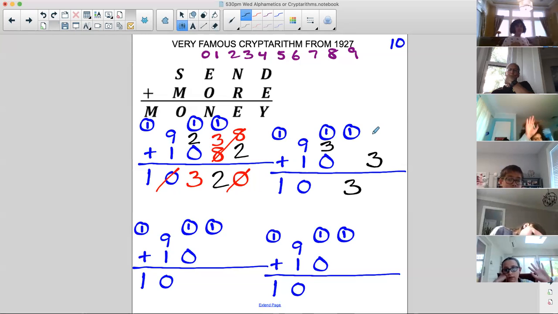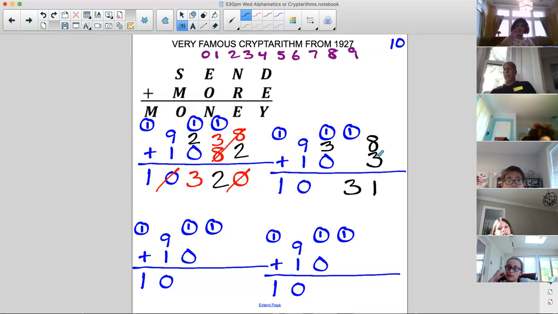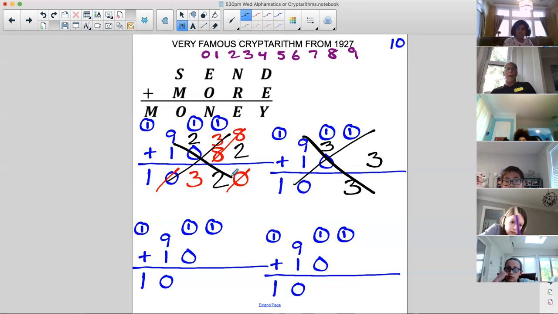D can't be 8 because 8 plus 3 is 11, and we can't use another 1. Yeah. Okay, can D be 7? Claire, can D be 7? No, because then Y would be 0. And we can't have that either. And we need a carry, so guess what? 3 is also a failure.